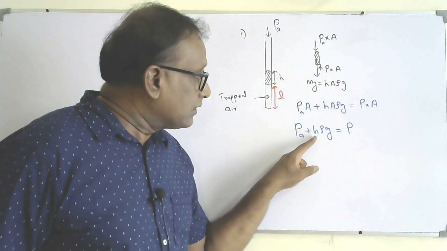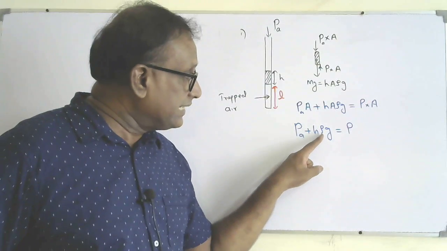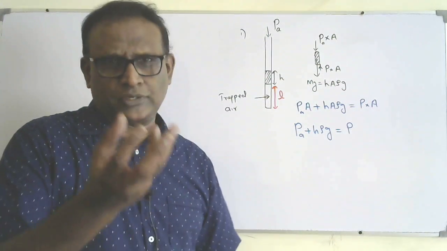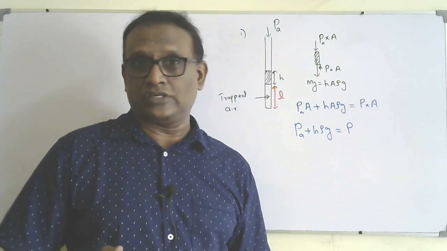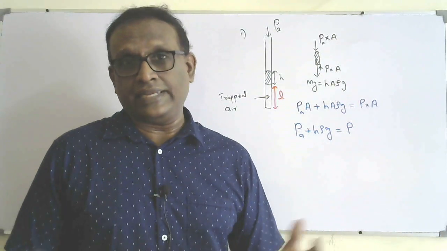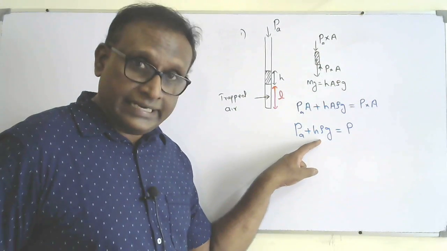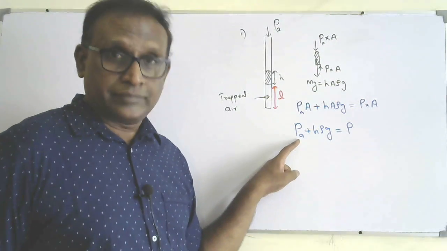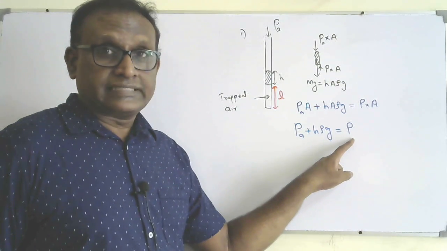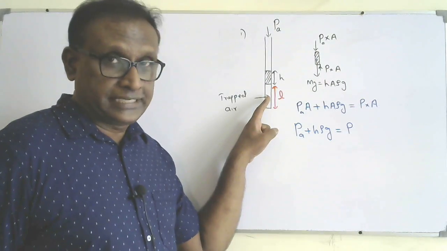When the length of the liquid column increases, the density will decrease, so this quantity also remains constant, because we got it from the weight of the liquid column. The weight of the liquid column does not depend on the temperature. Weight is constant, so this will remain constant at any temperature. Atmospheric pressure remains constant at all temperatures. So the pressure of the trapped air will remain constant even if you change the temperature of the trapped air.